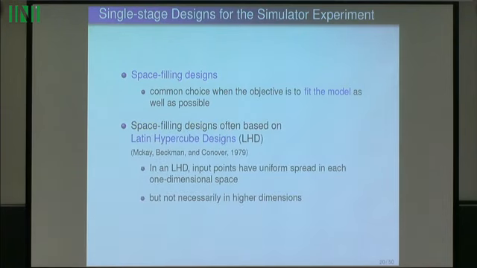Okay, so what I come across a lot is people using Latin hypercube designs as space-filling designs, and for certain purposes these are very, very good. For our purpose, they may not be so good. They have input points uniformly spread in each one-dimensional space, but not necessarily in higher dimensions.